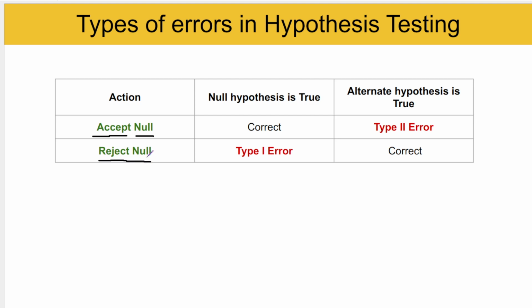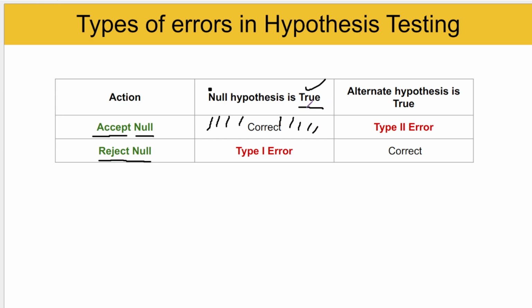These two cases we will have. In that case, there are some situations. Suppose the null hypothesis is true and I have accepted the null hypothesis. This block is correct because my null hypothesis is true.